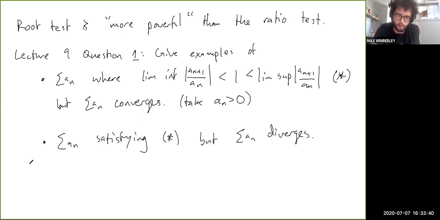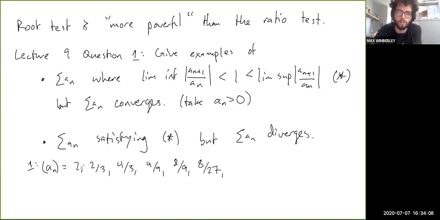Okay, so here are the examples that I had in mind. For the first one, the sequence a_n would be something like 2, 2/3, 4/3, 4/9, 8/9, 8/27.